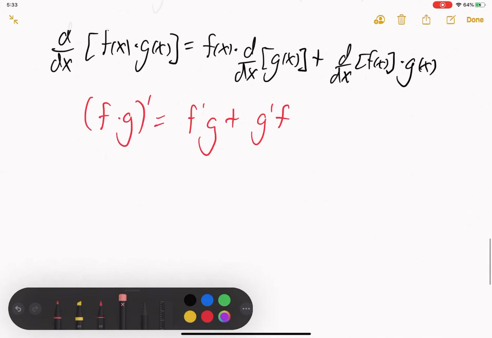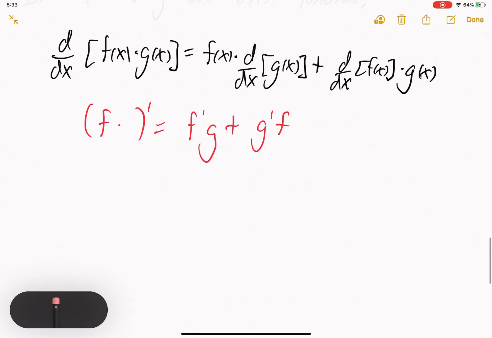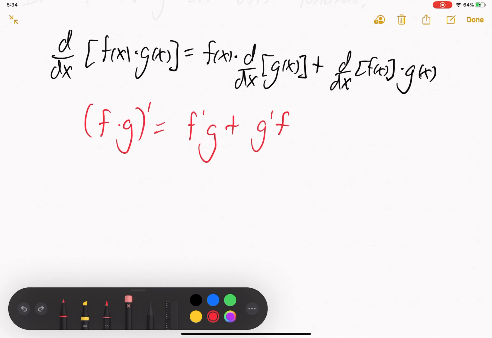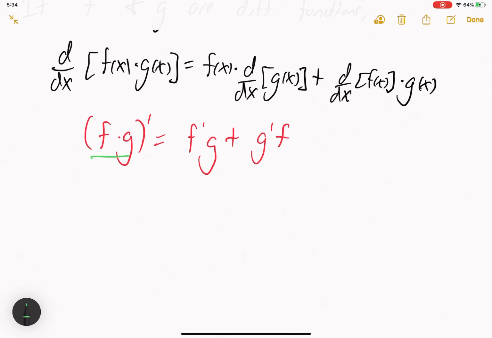But all you're really saying is, when you take a derivative of a product, you take fg, you take a derivative of one, multiply by the other, and then take the derivative of the other, multiply by the first one.